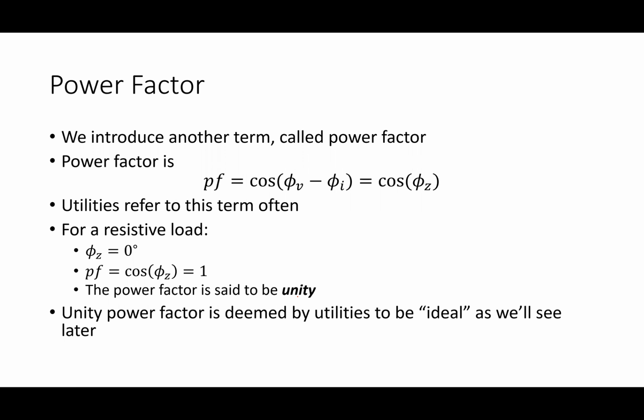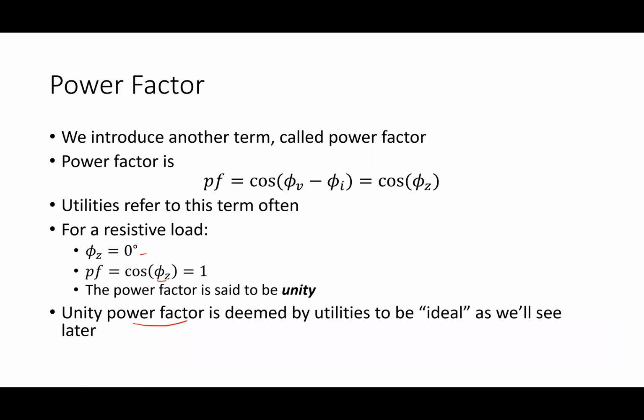With a unity power factor, the cosine of phi z is equal to 1, so phi z is equal to 0. That means the current and the voltage are aligned with each other. Unity power factor is the ideal situation that utilities like to have.